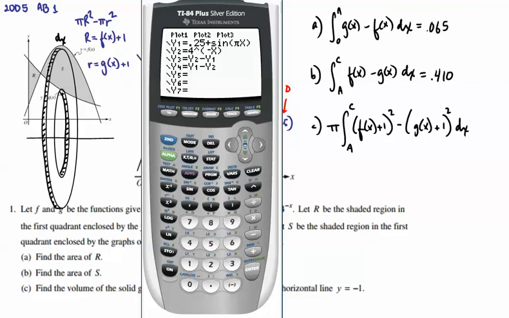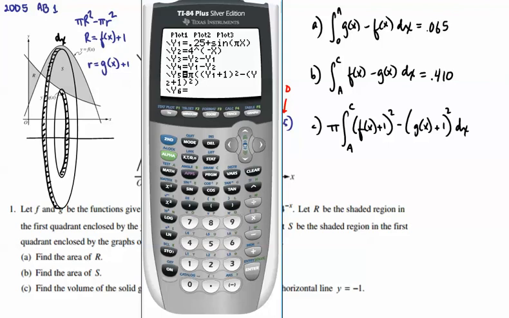We'll need the pi times f of x, which is y1, vars, y-vars, function y1 plus 1 quantity squared minus g of x, which is y2, quantity, variables, y variables, function y2 plus 1 quantity squared, and then another parenthesis there, so that pi is distributed to everything.